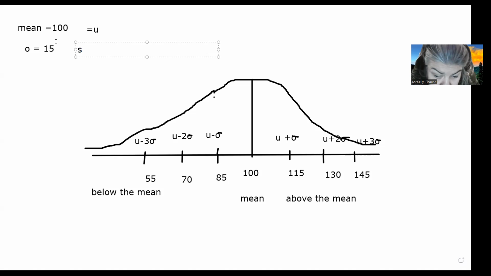Now I'm going to do my percentages. If you remember from the empirical rule that we learned, the empirical rule says that 68% of the data lies within one standard deviation of the mean.